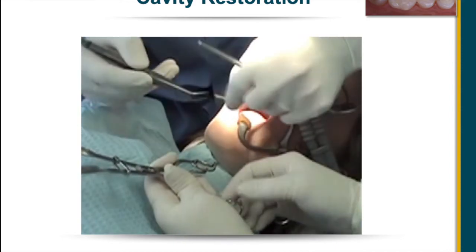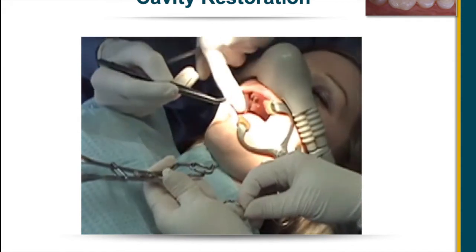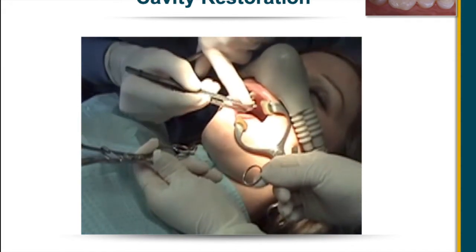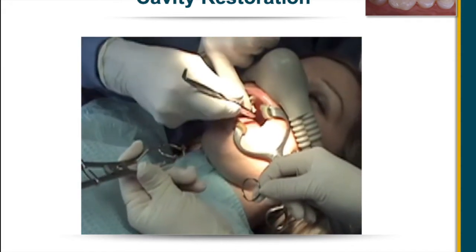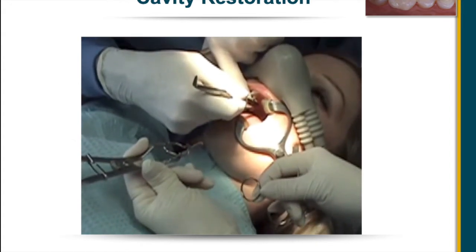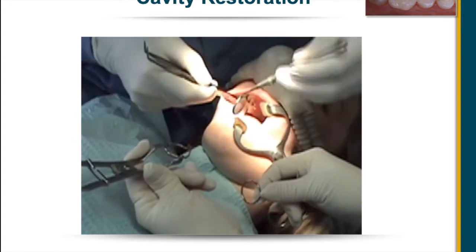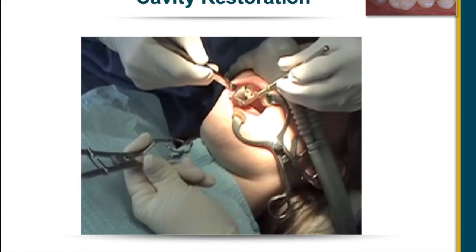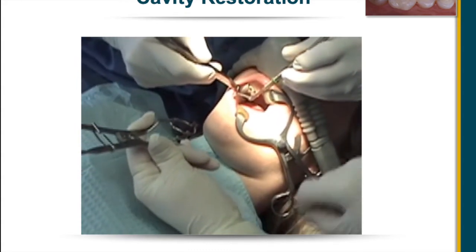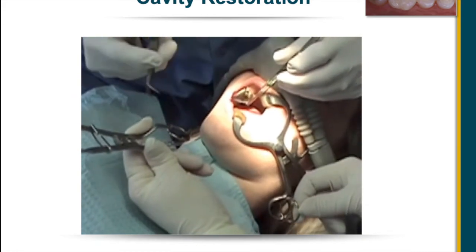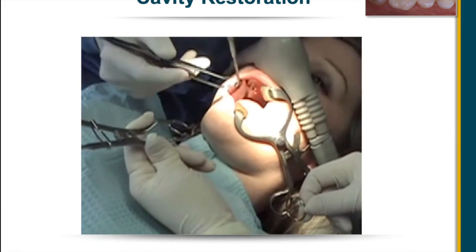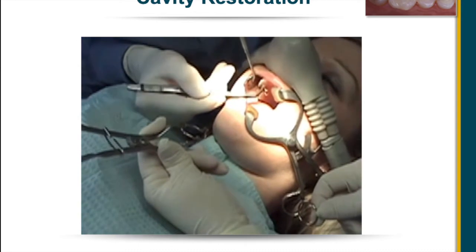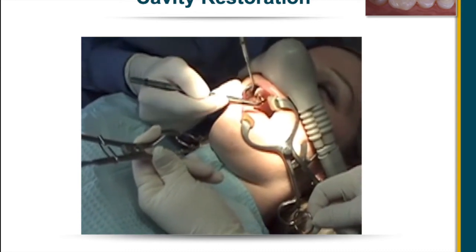Most popular are the Tofflemire, and the second is the composite, or some variation on the composite system, which you're seeing here. The doctor has placed the matrix, which is the wall essentially between the two teeth, and he's also placed the wedge in order to hold the matrix in place and create a tight seal between the gums and the filling.